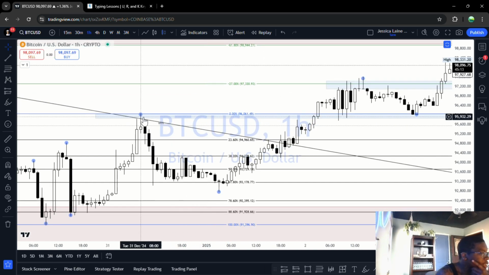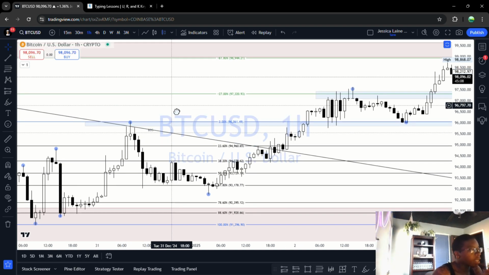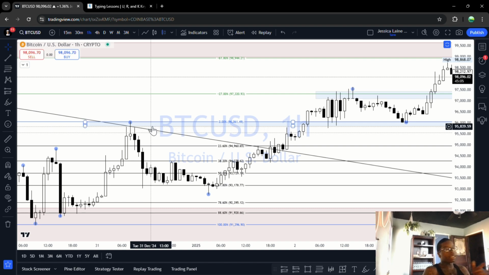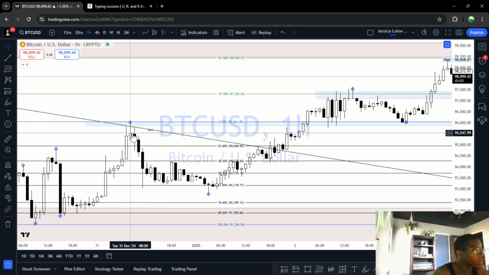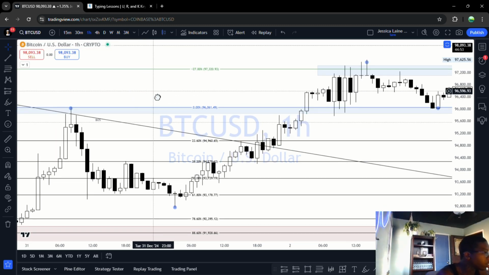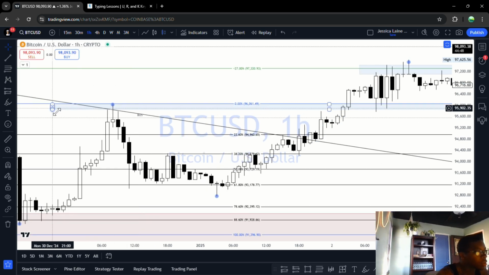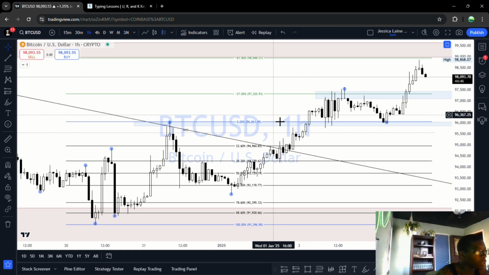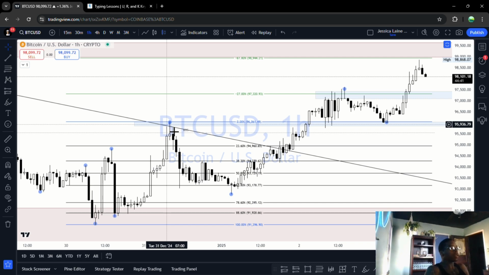Let's see, something like this is a little different. Same. So, an example like this, you see, I didn't do the close here, but I did start it up here. It gets a little advanced, you know what I'm saying? But let's see if I can explain the reason why I did that. I believe at the time when this happened, this was already printed and this was already printed.